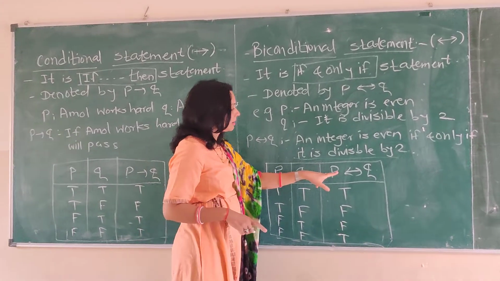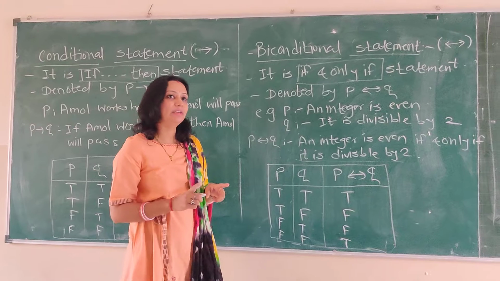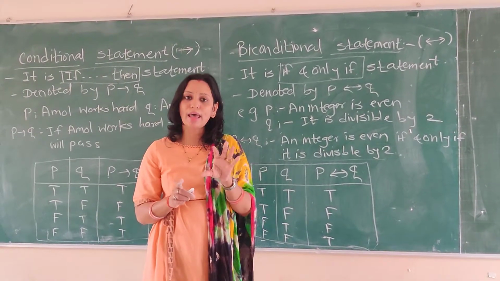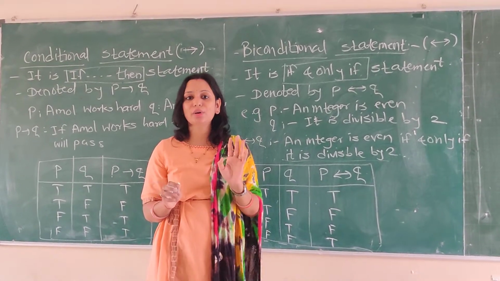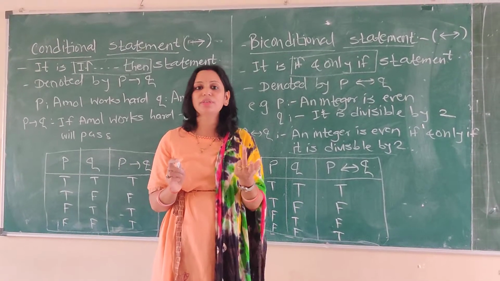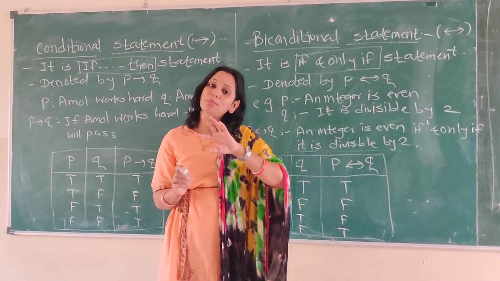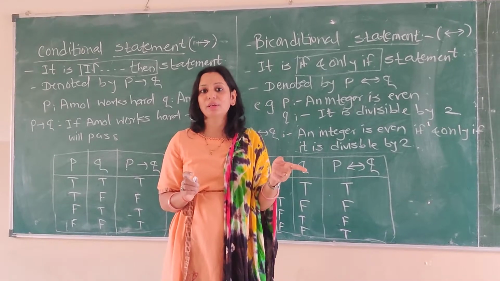So it is denoted by P double-headed arrow Q. Whenever you are having the propositions' truth values similar, at that time you are getting your truth value as true. Means if both propositions are true, you are getting the truth value as true. If both propositions' truth values are false, you are getting the truth value as true.